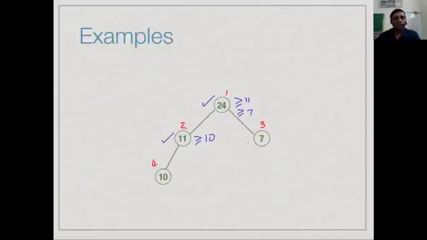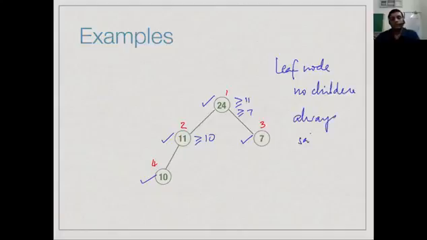There is no child of 7 at all, so trivially this is a valid heap node, and 10 is a valid heap node for the same reason. So every leaf node, which has no children, always satisfies the heap property. Once we have a leaf node, there's nothing to check.